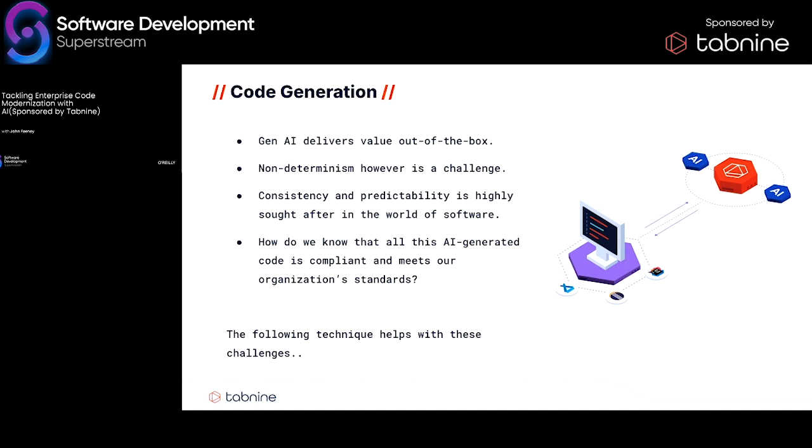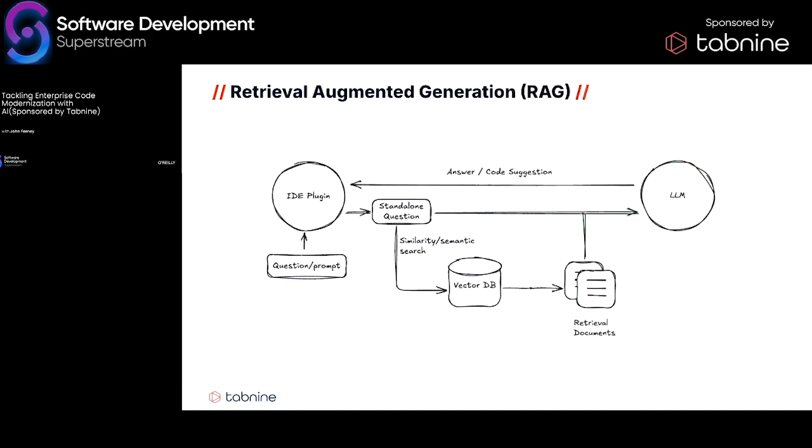So I'm going to talk about an approach that many organizations take to do that, and that's RAG. RAG, or retrieval augmented generation, is a means by which we take a pre-trained model, as you can see on the right-hand side of this diagram here. And what we try to do is obtain documents from across the organization.